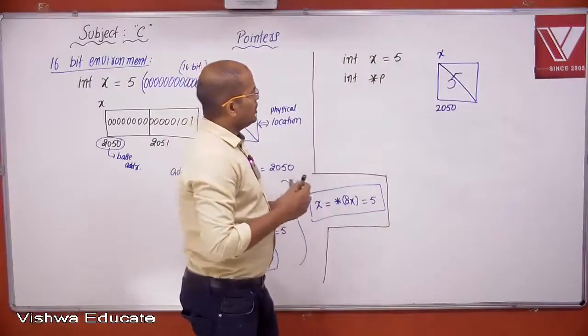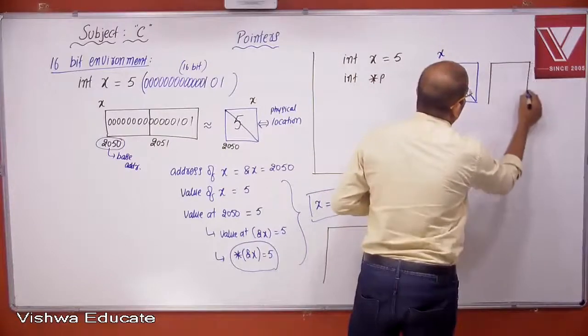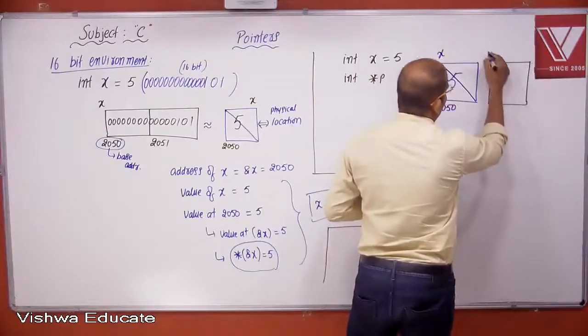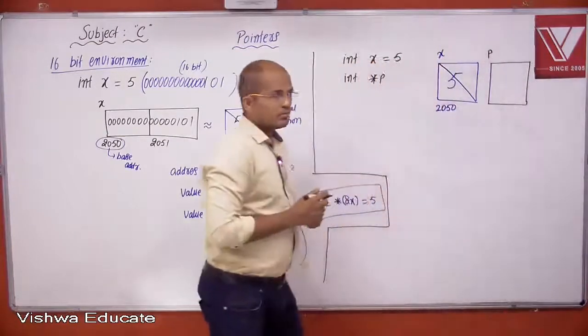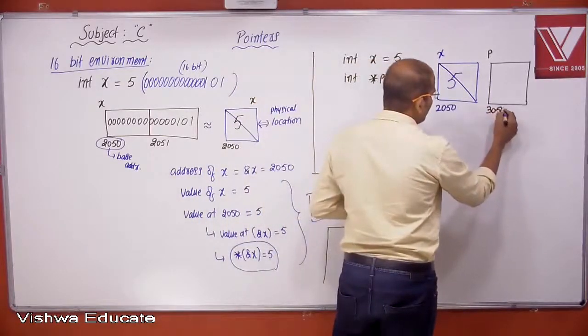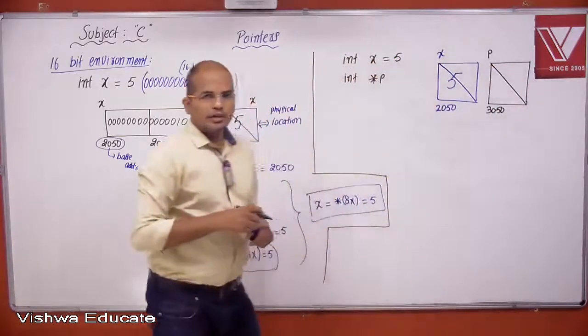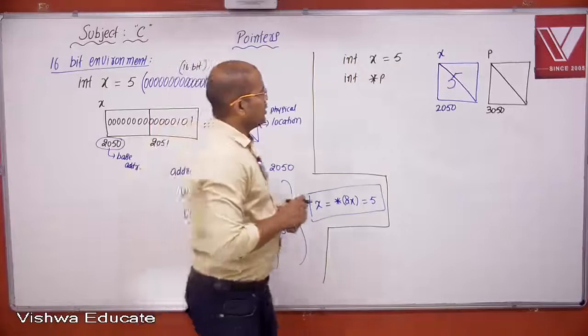Clear? And then p is also a variable. Assume the address of p is 3050. It is of 2 bytes.